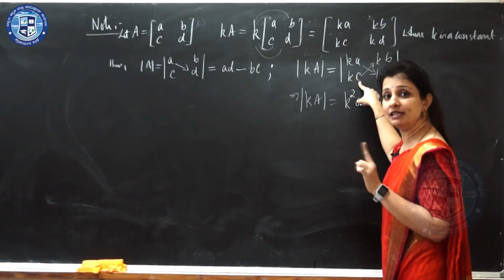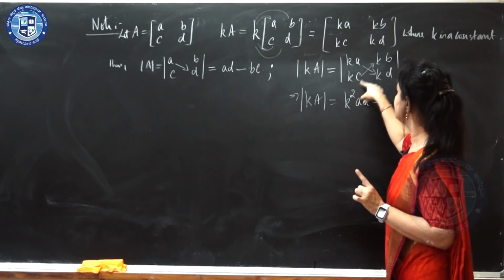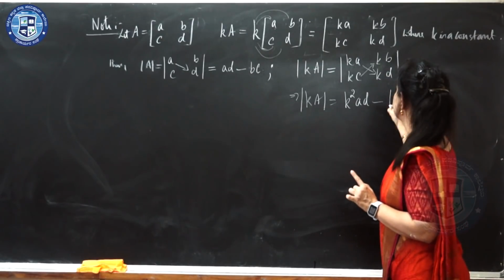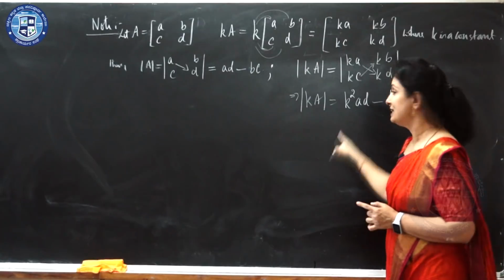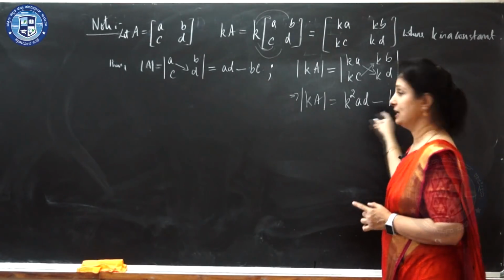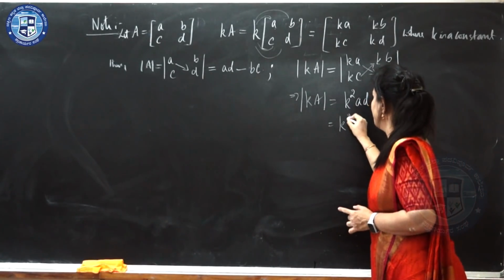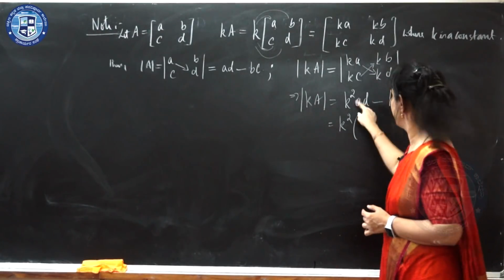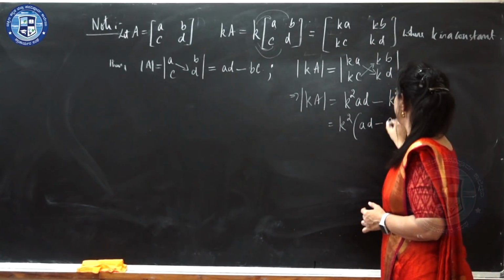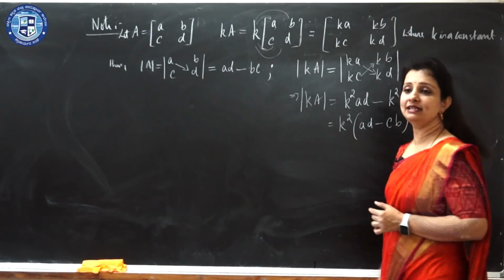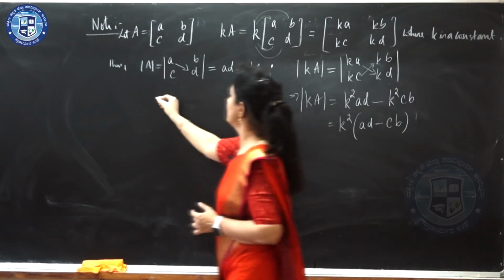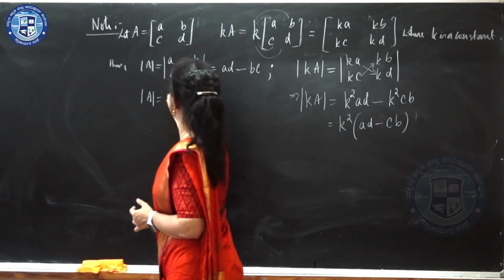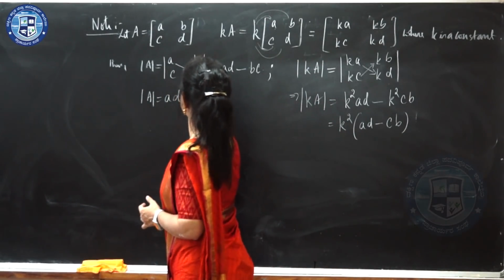What are the off diagonal elements? Kc into Kb, that is K square into cb. Look at this, K square is common. The common factor is taken out: K square into ad minus cb. From the first equation, what is the determinant A value? Determinant of A is ad minus bc.